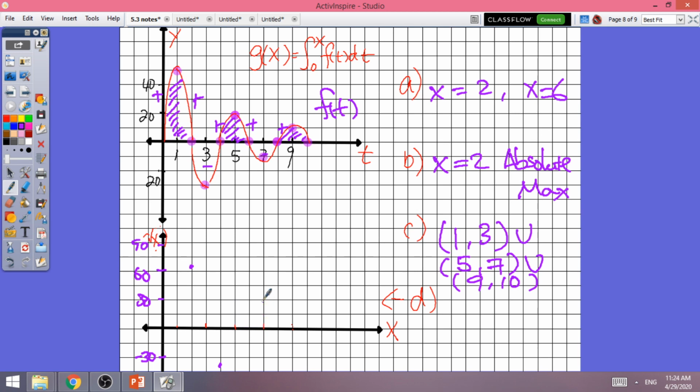Okay, so 26, somewhere right there. Making sure that this one is going to be matching. So this one, 26. It's supposed to be right here. Again, this one is the area from 4 to 6.